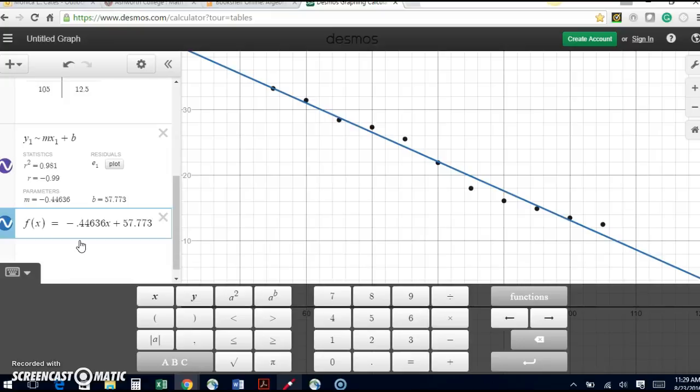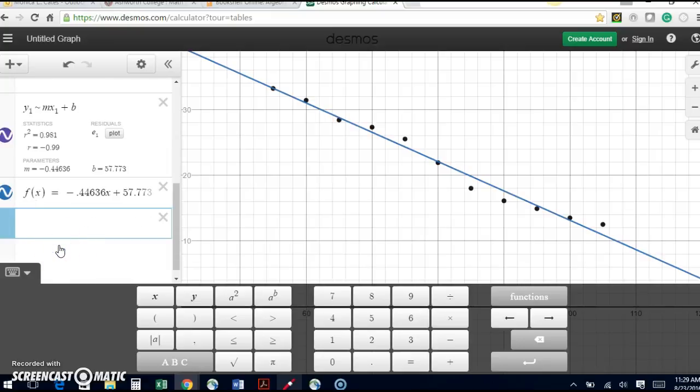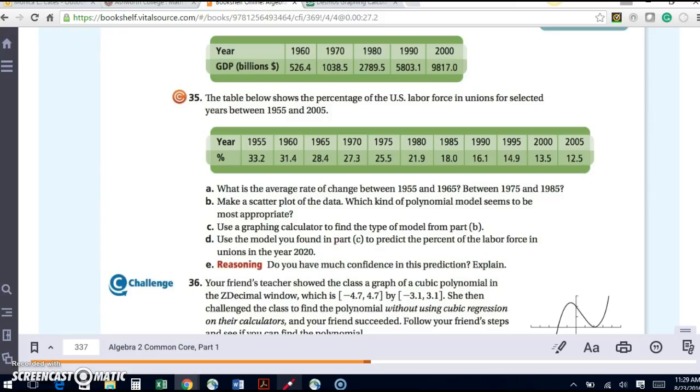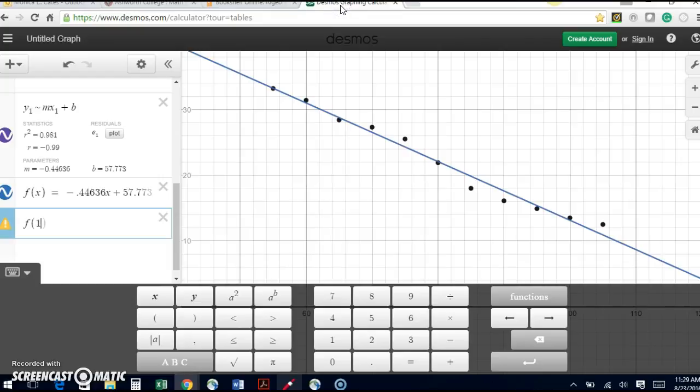Okay, and then I want to do f of 120, and I get 4.2. So that's the percentage of labor union workers, 4.2.